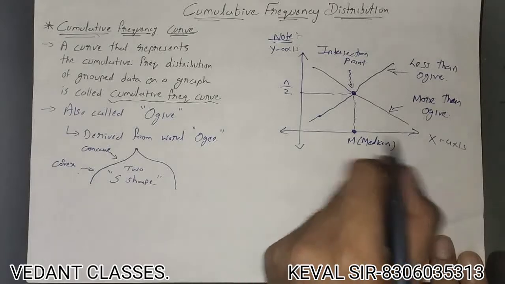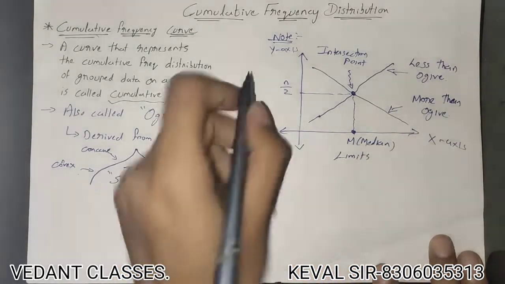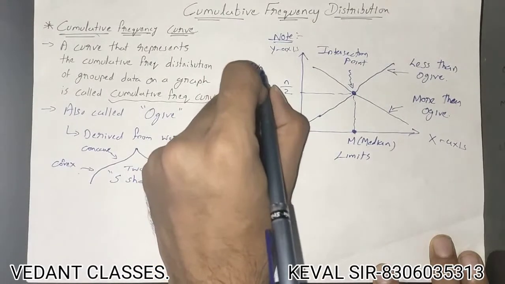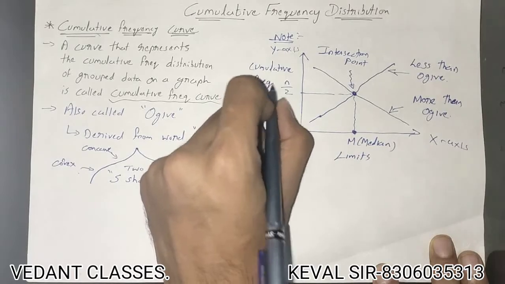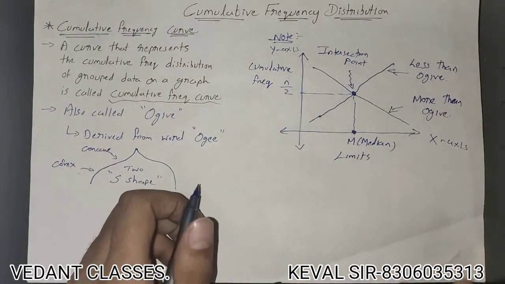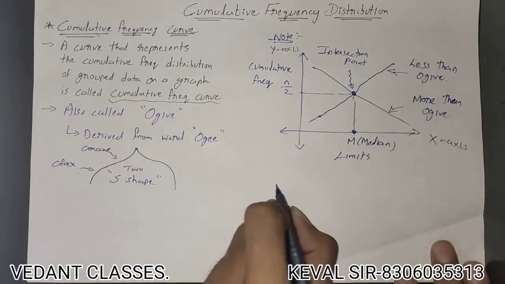In the x-axis you need to take the limits, and in the y-axis you need to take the cumulative frequencies. If you solve the sum, then you get a clear idea regarding this. So make note of this.